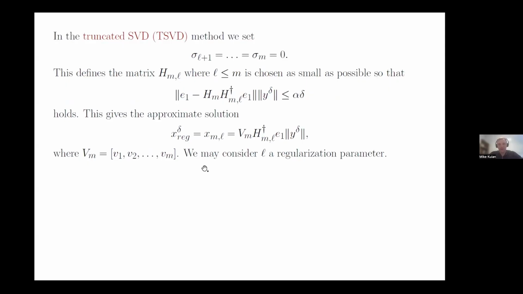Another approach to regularize an ill-posed problem is to apply a truncated SVD. So what is the idea of truncated SVD? We simply set the smallest singular values to be 0. This defines the new matrix H_{m,L}.